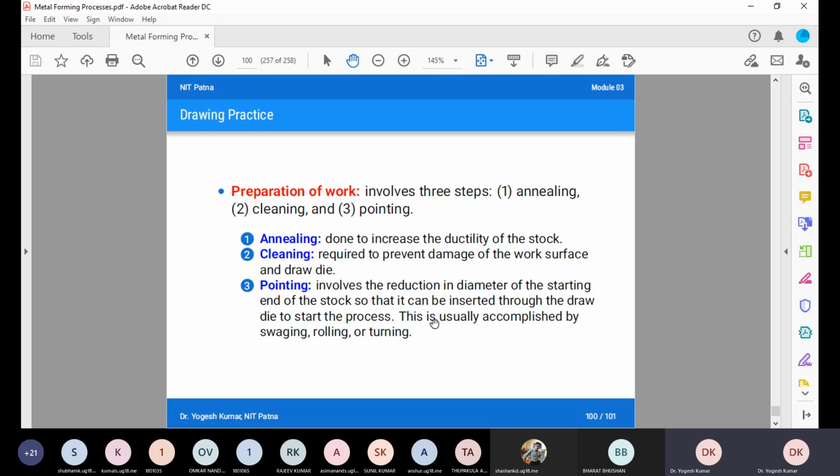This is usually accomplished by swaging, rolling, or turning. Because we have to start your drawing process, we have to make a pointed surface at the start of your bar or wire. So these are the three important steps that are done for starting your drawing process.